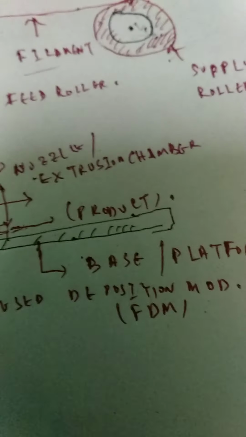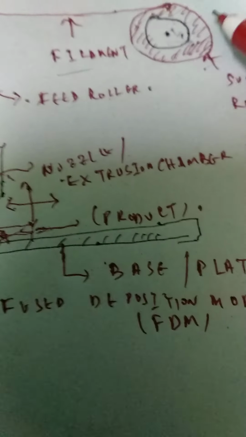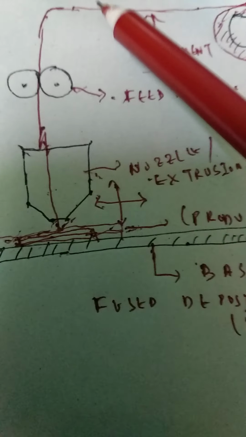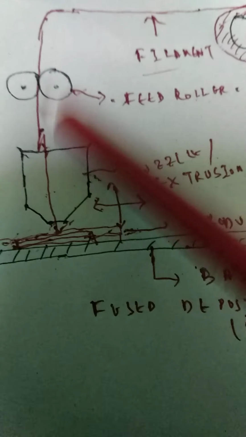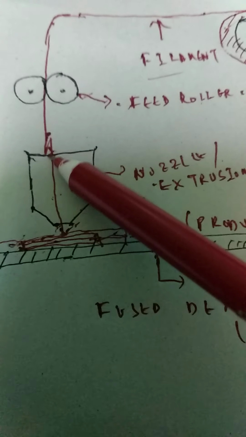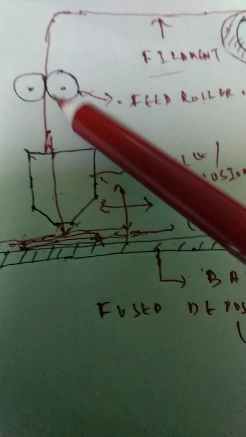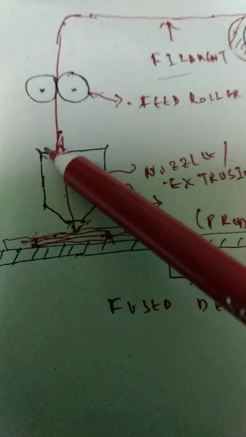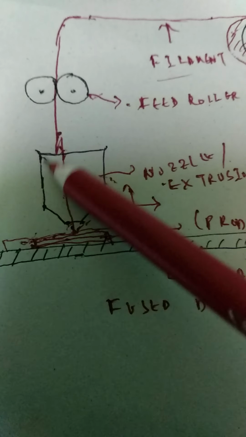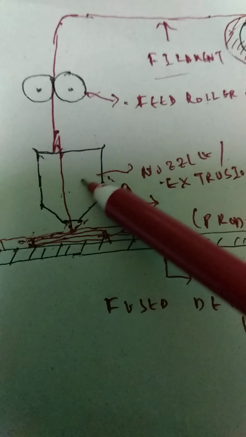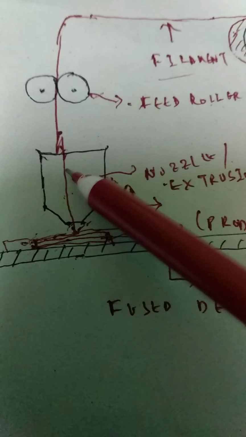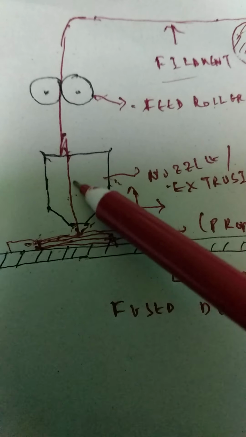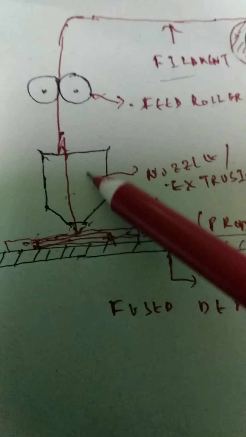So I will summarize the process once more. The supply roller will feed the filament, and this filament will move through the feed roller, which will advance the material in the forward direction, and then it will reach the nozzle, in the extrusion chamber, where the material will be melted into a semi-liquid phase.